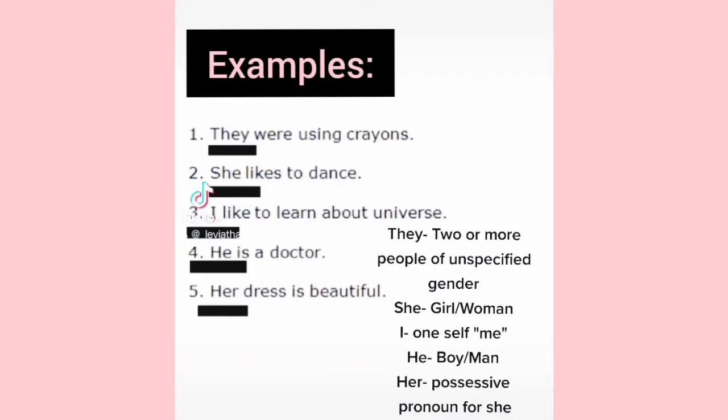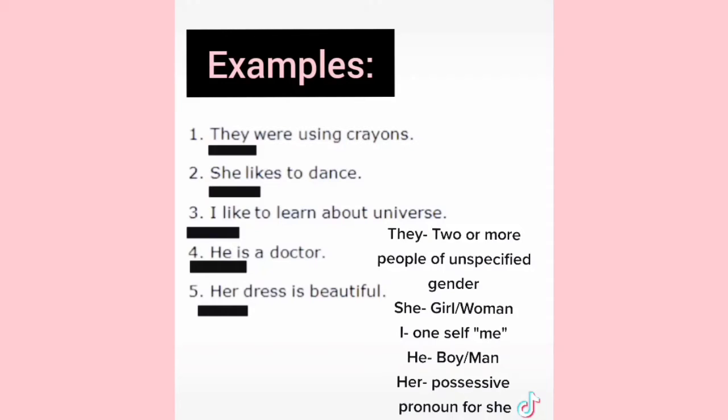First example: they were using crayons. So the pronoun here is they. Next, she likes to dance. She, so it means this is a girl or a woman. Next, I like to learn about the universe, so it means you are referring to yourself.